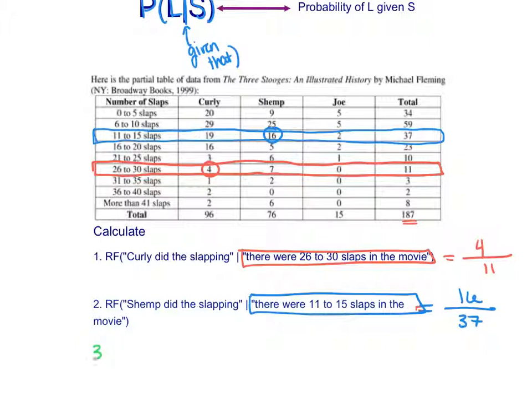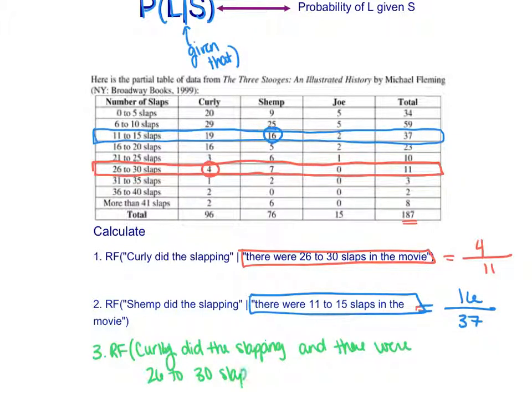I always like to do one more thing to distinguish the difference between an AND statement, which we're going to push even further into in 7.3 and foreshadow a little bit. If I ask the relative frequency that Curly did the slapping and there were 26 to 30 slaps, now I'm looking at all 187.